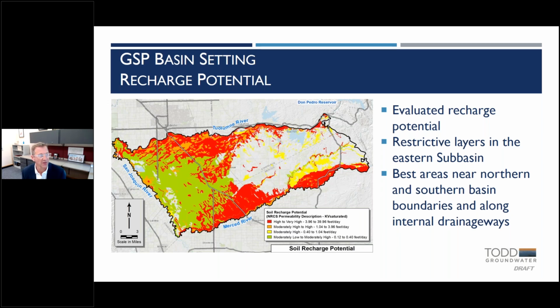So something to bear in mind as we look at projects to recharge the aquifer, where are they best located? And those red and green areas show the best locations for recharge. So in the eastern area, it's primarily along the rivers, which are more user-friendly for recharge projects.